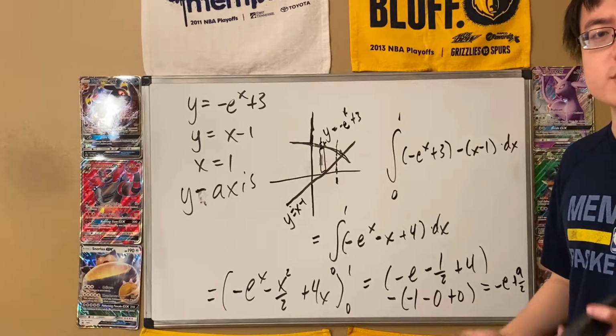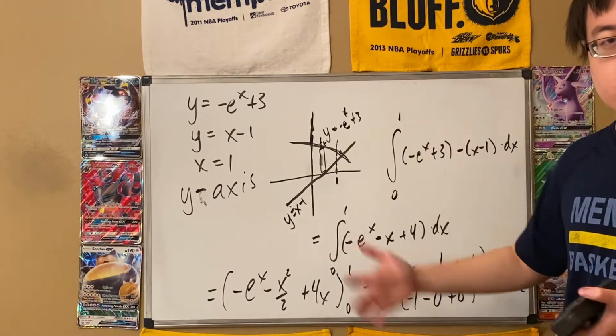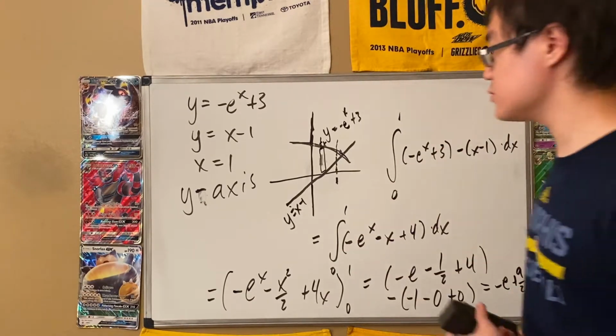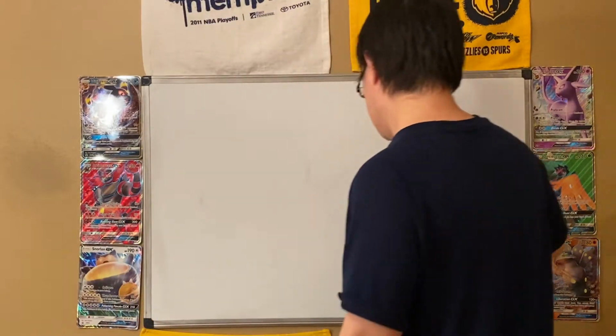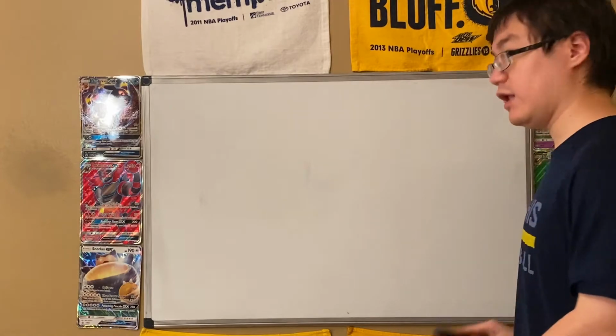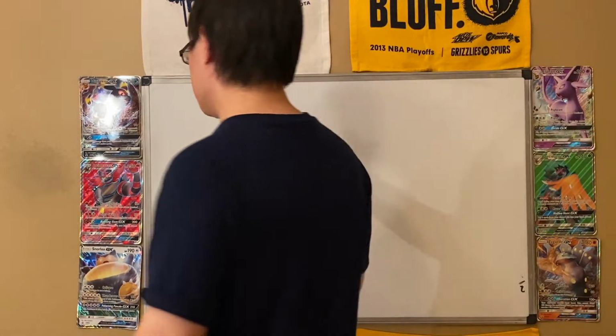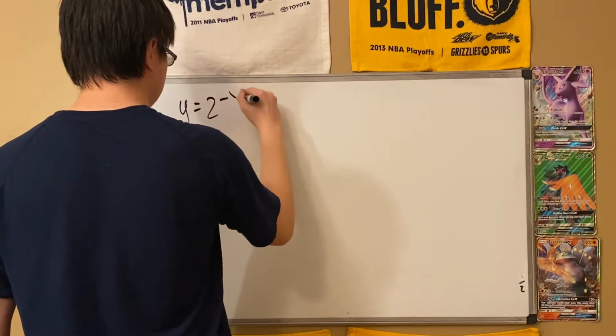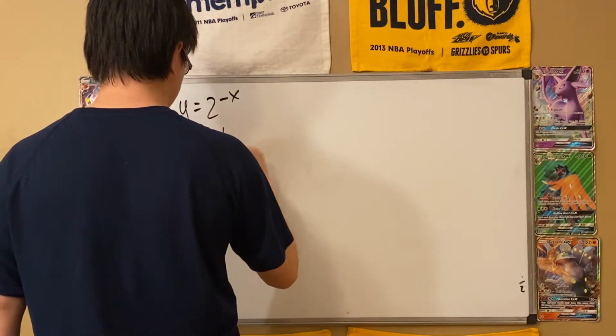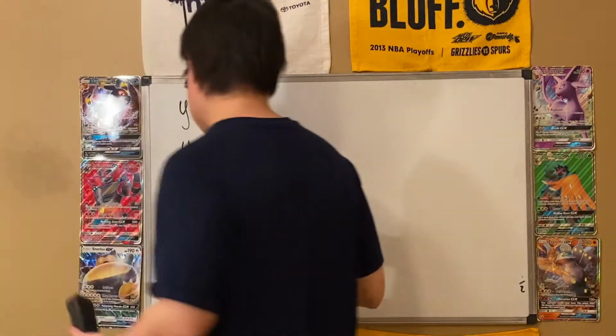So let's just do a harder example, and then we're just going to do more examples, and more examples. My next region is going to be bounded by just these functions, so we're not going to have any other things. It's going to be a weirder function, just as a way to practice integrals. y is equal to 2 to the minus x, and then y is equal to 1 over 1 plus x squared. So this is going to be my next guy.